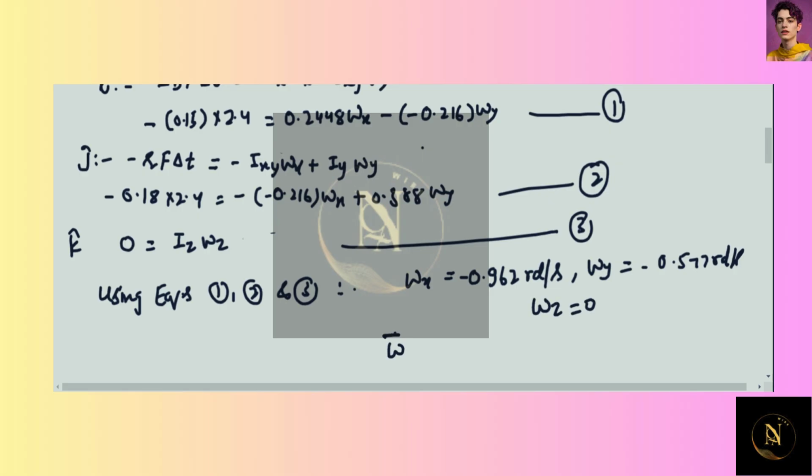So the angular velocity of the assembly can be written as minus 0.962 i cap minus 0.577 j cap plus 0 k cap radian per second.